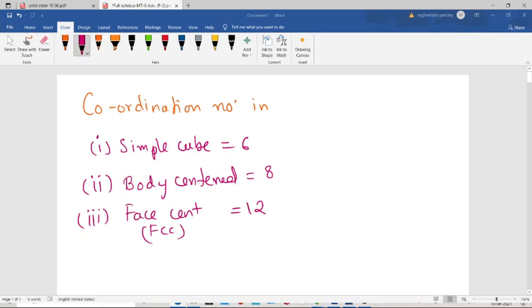This is another face, and similarly one face will be behind. Similarly above and below. Now count the total spheres inside the cube.